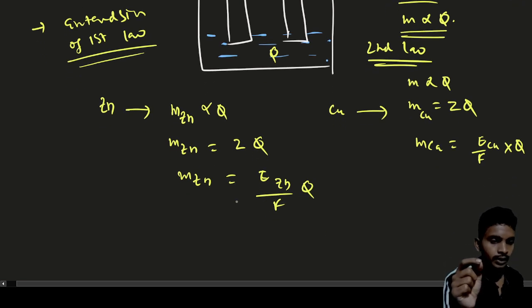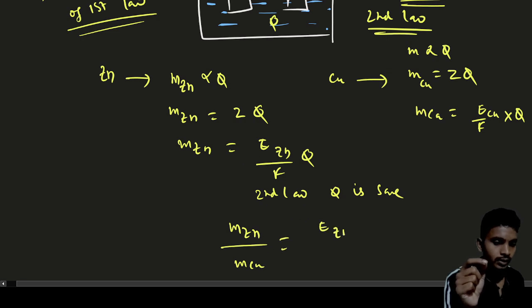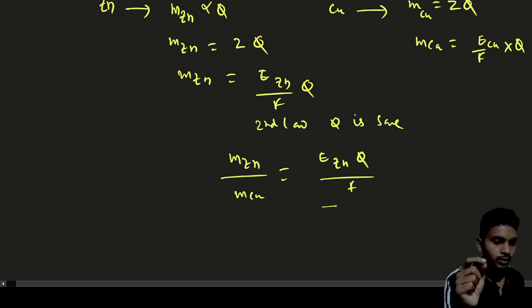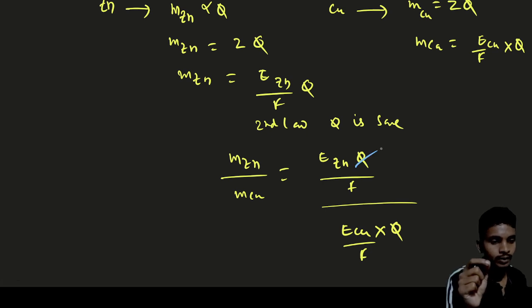Now what does the second law say? Q is the same. Then M of Zn by M of copper equals E of Zn into Q by F, divided by E of copper by F into Q. Since Q is the same, Q will cancel and F will cancel.